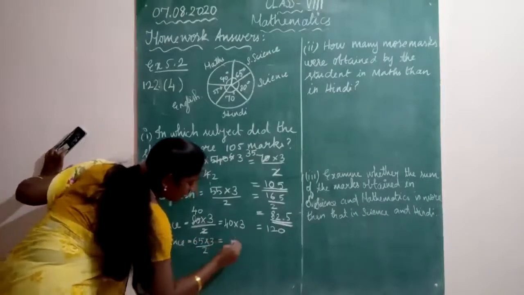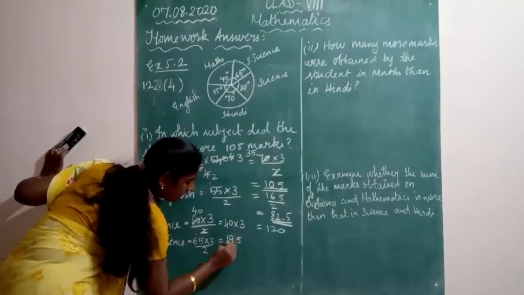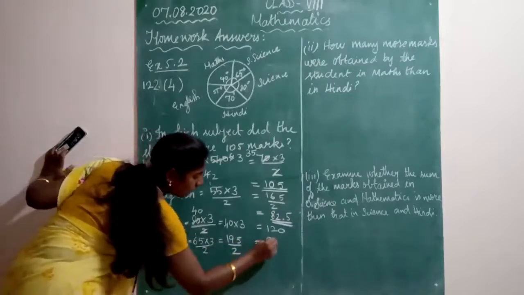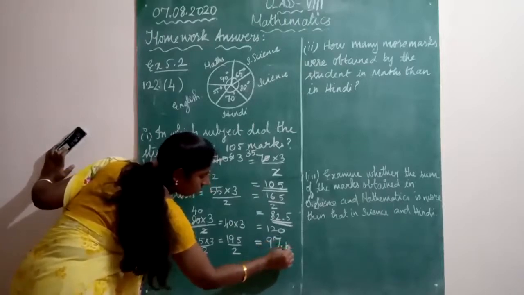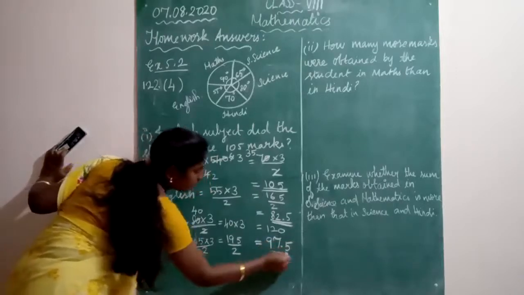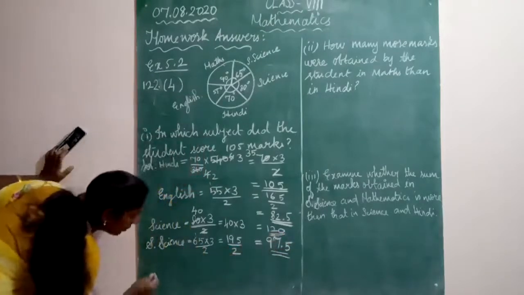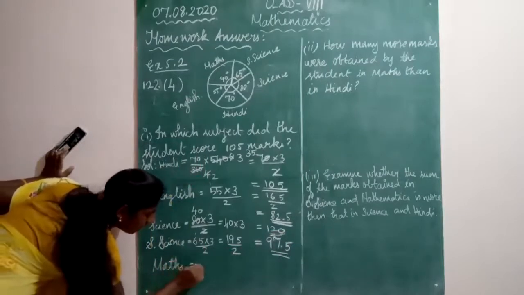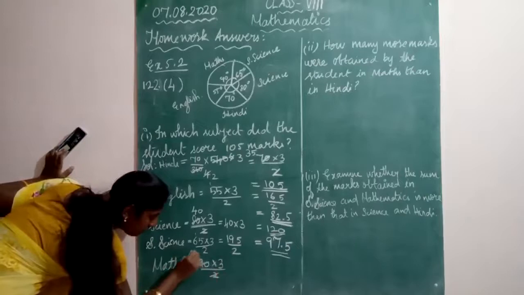So here you will have 5 3s are 15, 3 6s are 18 plus 1 is 19 divided by 2, and the answer will be 97.5. Okay, then you will have for maths, the central angle is 90, so 90 into 3 by 2, again you will get cancelled, this will become 45.